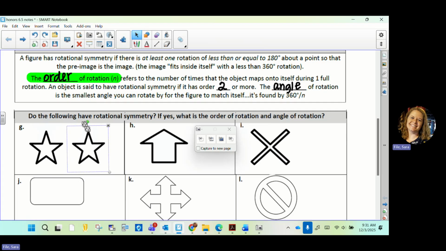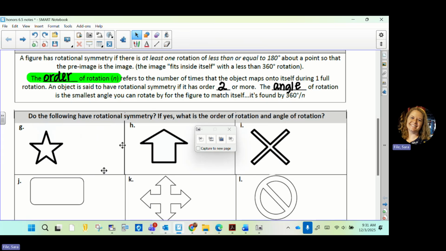Okay, let's do it again. One. There's 1, 2, 3, 4, 5. So 5 different times at 5 different angles, that figure was exactly the same as the original. Does that help you visualize the rotation?